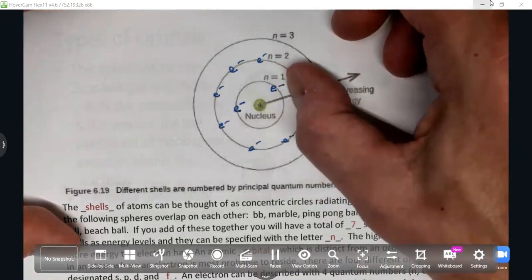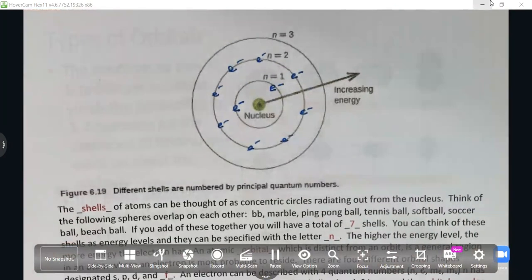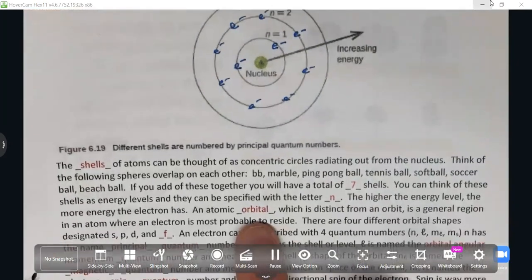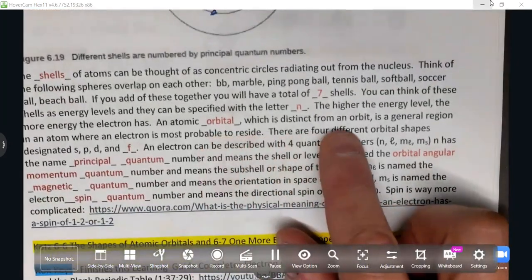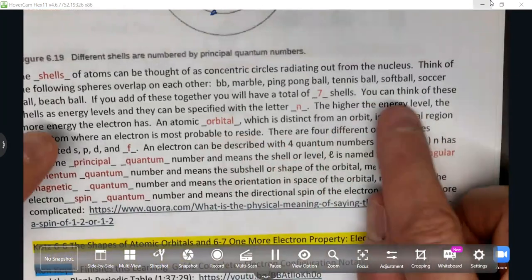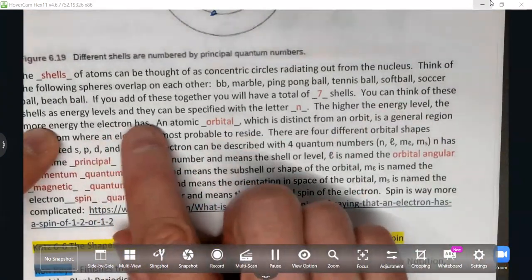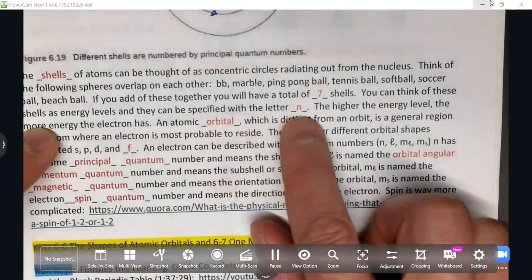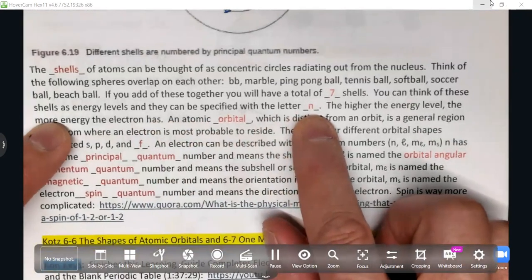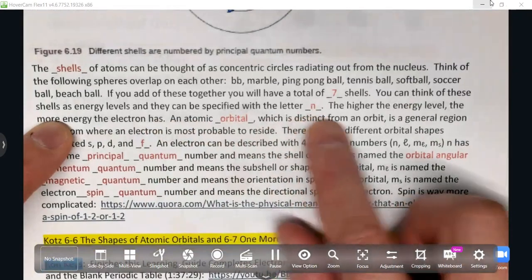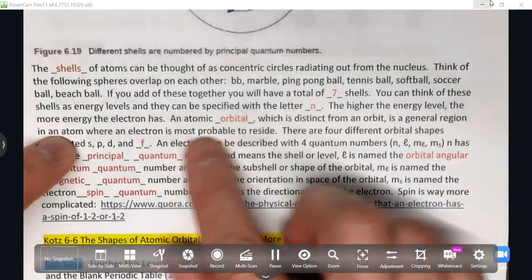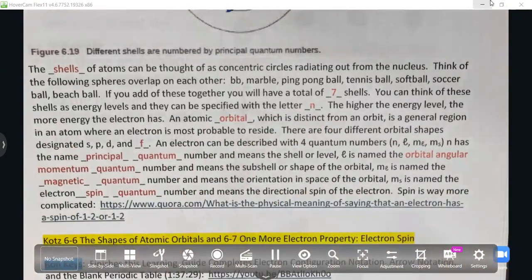Obviously, if you just throw it up a little bit, it's not going to hurt as much. But an atomic orbital, which is distinct from an orbit, oops, I skipped. You can think of these shells as energy levels, and they can be specified with the letter N. Again, 7 energy levels. The higher the energy level, the more energy the electron has.